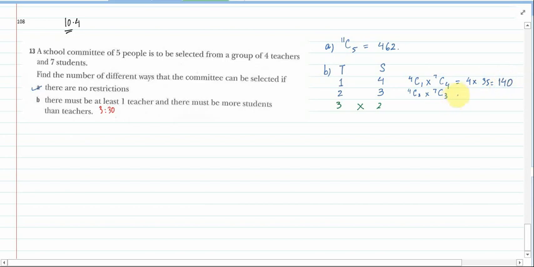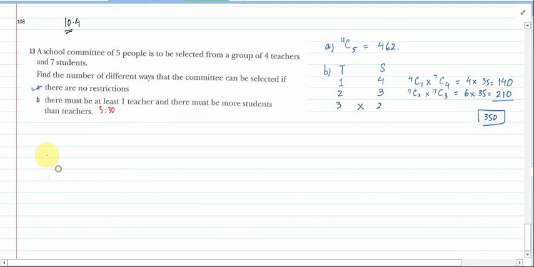For the next one we have 4 combination 2, it's 6, times 7 combination 3, it's 35. Alright, 35 times 6 is 210, and now we can add these two. 210 plus 140 gives you the value of 350, and that is your final answer.